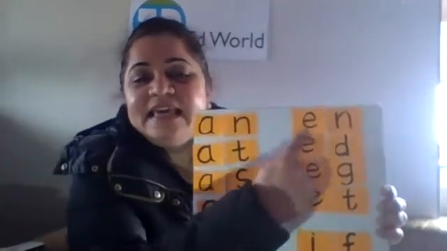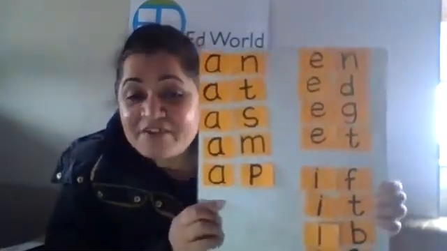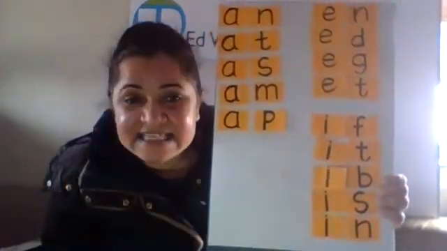Then E, N, en, E, B, ebb, E, G, egg, E, T, et, I, F, if, I, T, it, I, B, ib, I, S, is, and I, N, in. Yay!